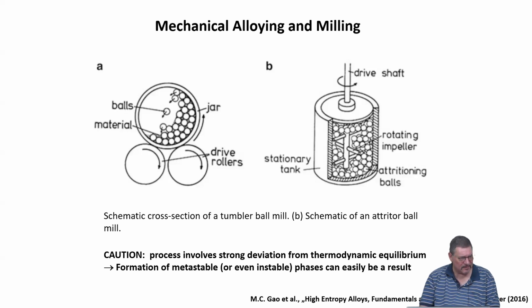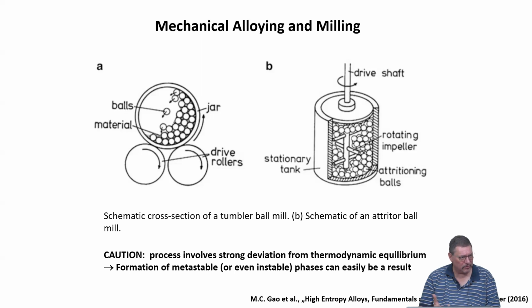Whenever one does these experiments, one has to be aware of restrictions. This is typically a process that occurs far from equilibrium, right? Because you transfer a lot of kinetic energy from the balls or from the mill itself to the powders, which means that defect densities are exceedingly high.